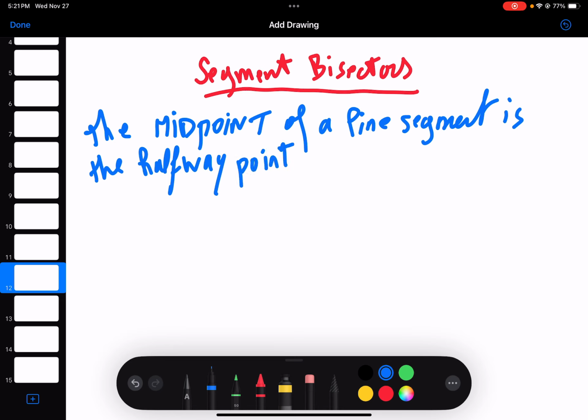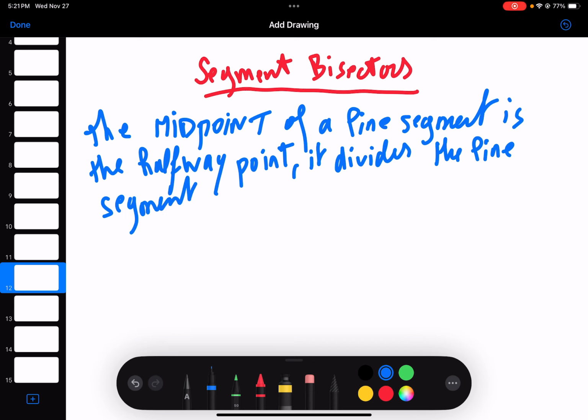Okay, it divides the line segment into two congruent, so congruent means same length, right? Segments.